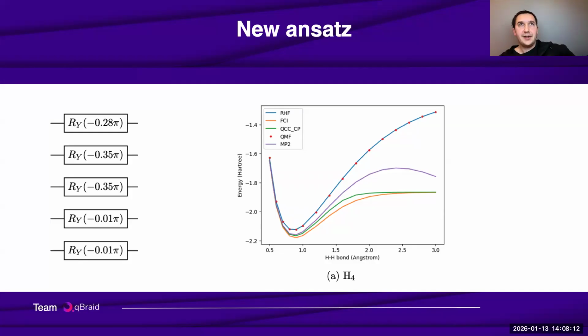And as you can see here, the qubit coupled cluster CP, it's canonical polyadic form. It gets better accuracy than MP2 for this H4 on a minimal basis. Obviously, it doesn't get the full CI accuracy, but it does pretty well.